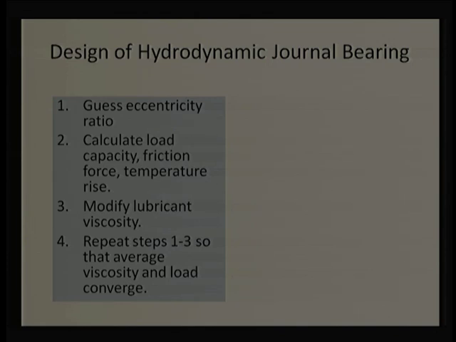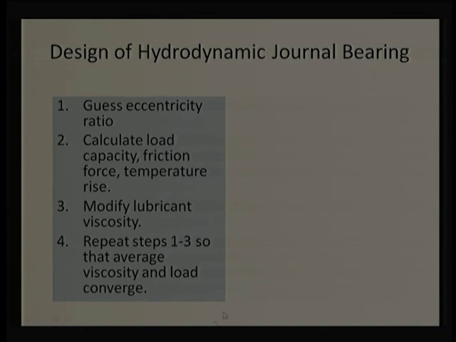And of course, for most complicated situations, we use this procedure to provide a good initial approximation. In other words, if I use a finite difference method and start with some arbitrary eccentricity ratio, it is going to take a long time to converge.